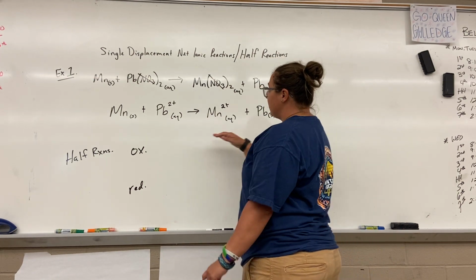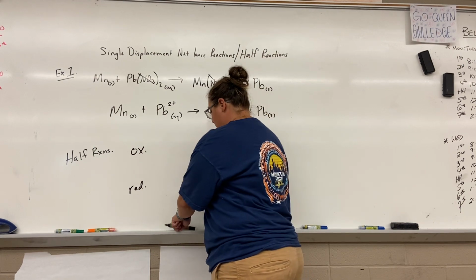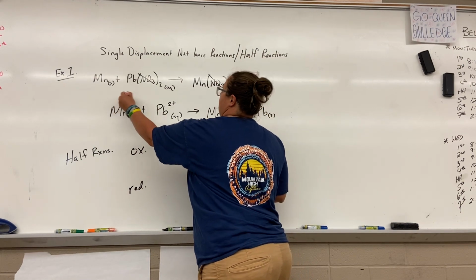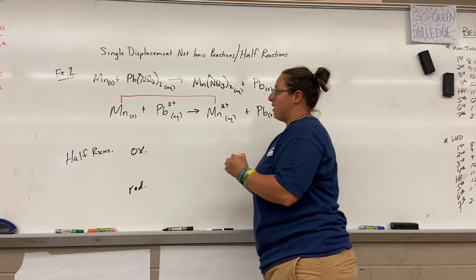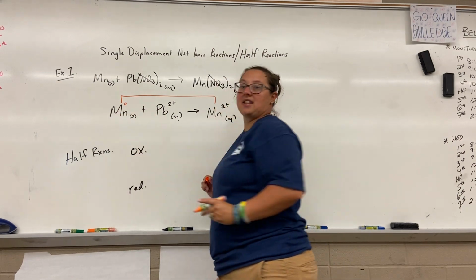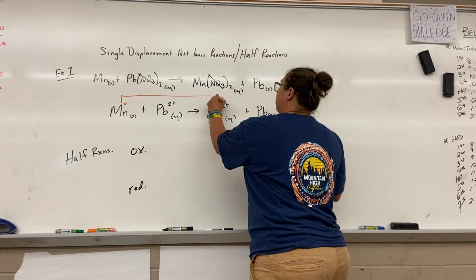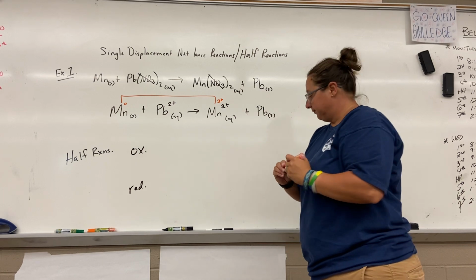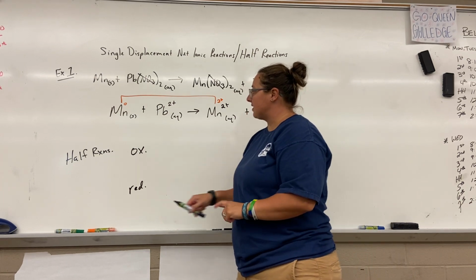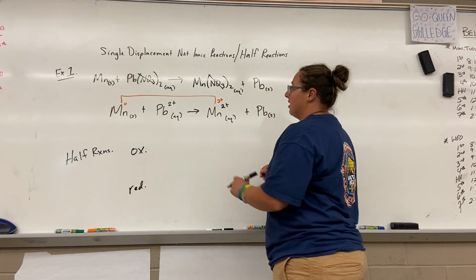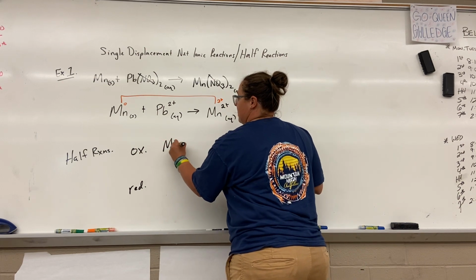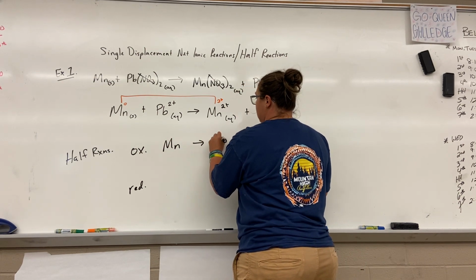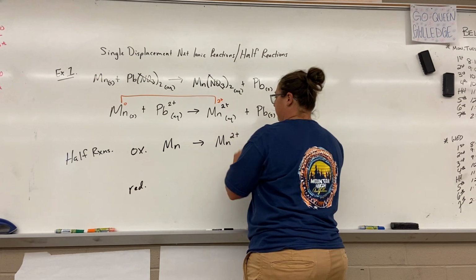So my oxidized species is going to be Mn, because Mn goes from a 0 oxidation state to a 2+ oxidation state. So for my oxidation reaction, we are going to say Mn yields Mn2+.